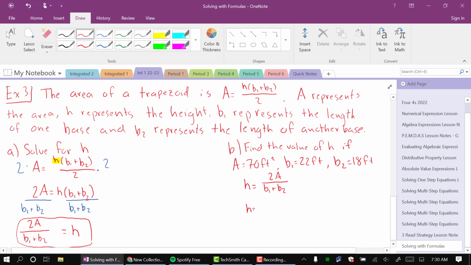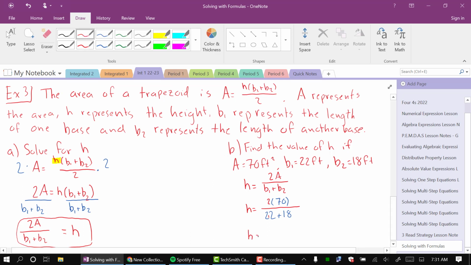So h equals 2 times the area, which is 70 feet, divided by the sum of the bases. Base 1, which we have that value now, 22, plus 18.